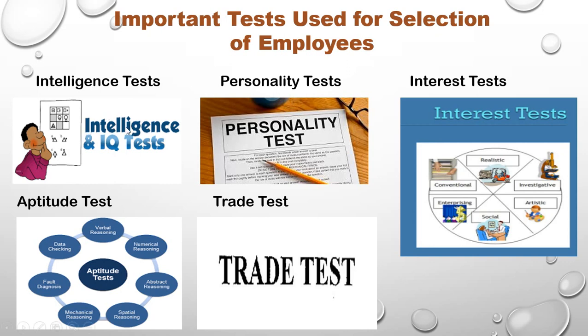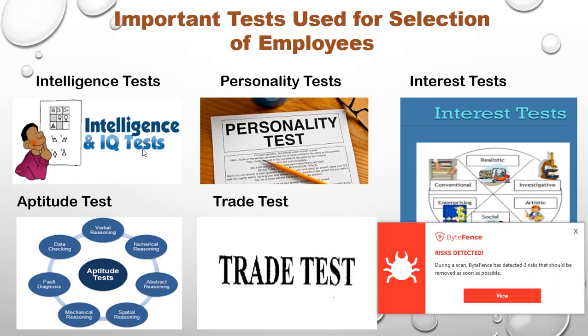Here, by intelligence test we mean, for any written test where an aptitude test is being taken, the aptitude test can also be known as an intelligence test, where various questions of mathematics, reasoning, general knowledge and English are asked.